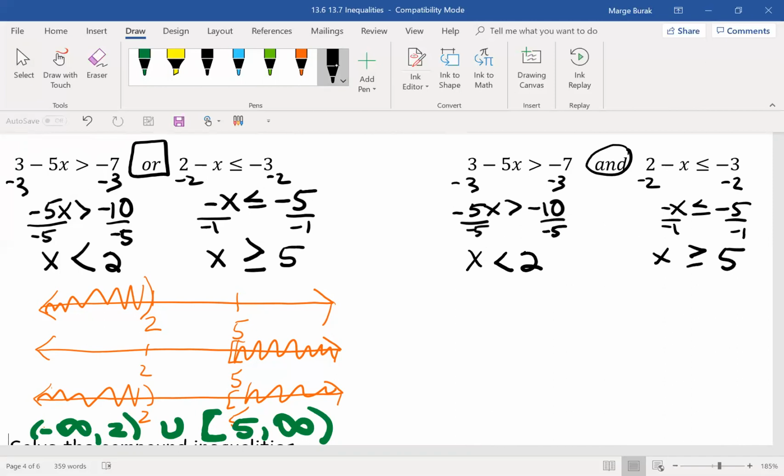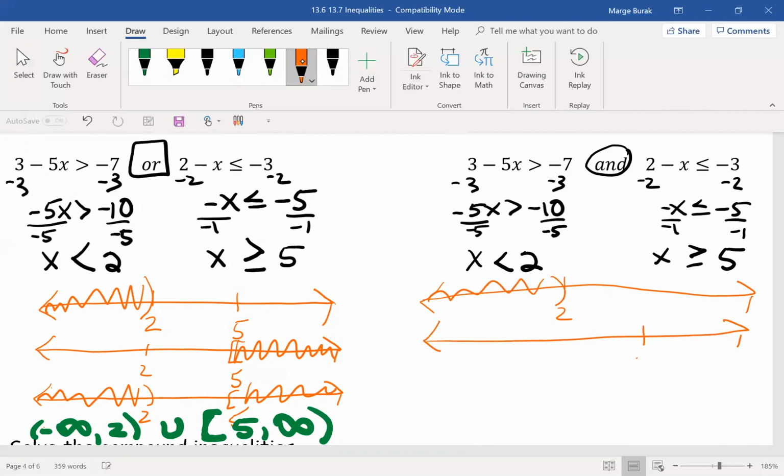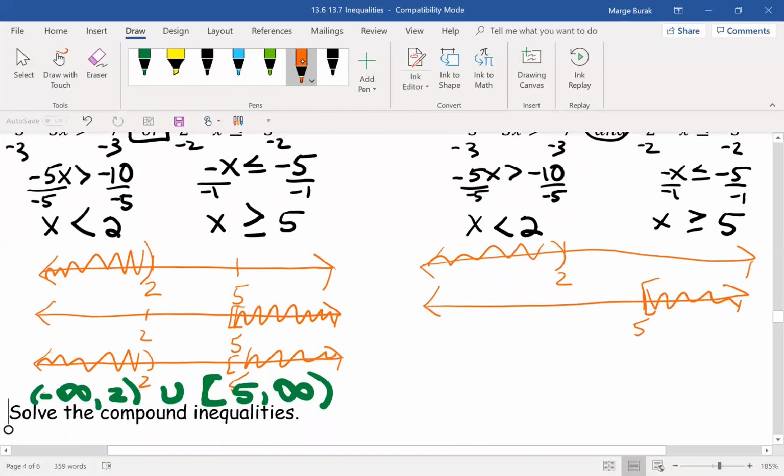Okay, so we have our two graphs again, and so I'm going to do them a little bit higher. So we're going to put the 2 here, and we want everything less than 2. And then here, we want to put the 5 here. We want everything greater than. And in this case, "and" means the intersection. And sure enough, there is not one again. So there's no solution.